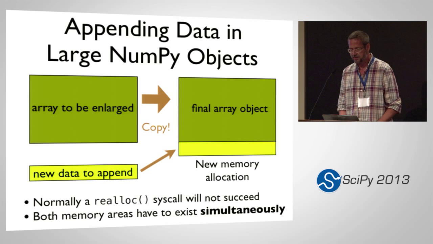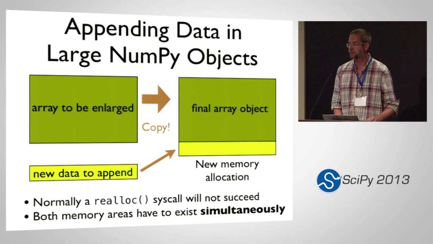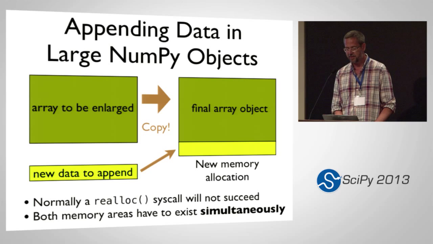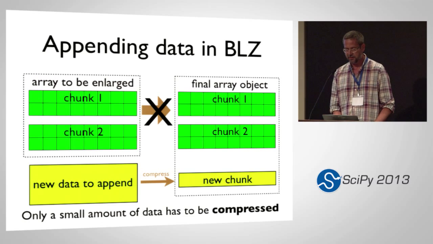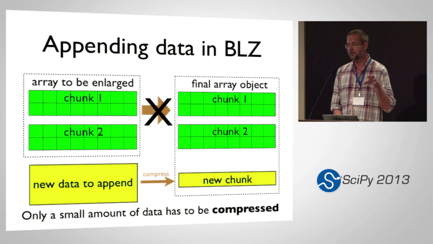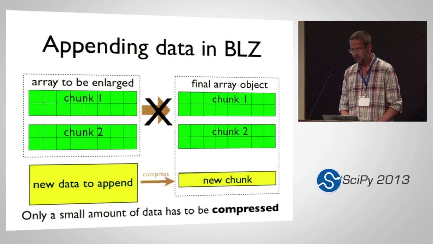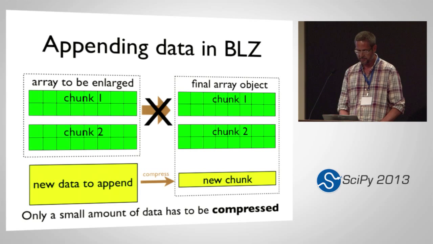BLSeed is specially designed to allow extending existing data sets without implying a copy, like for example in NumPy. BLSeed just takes the new data to be appended to the existing data set, compresses it, and updates the metadata in order to add it to the existing data set.